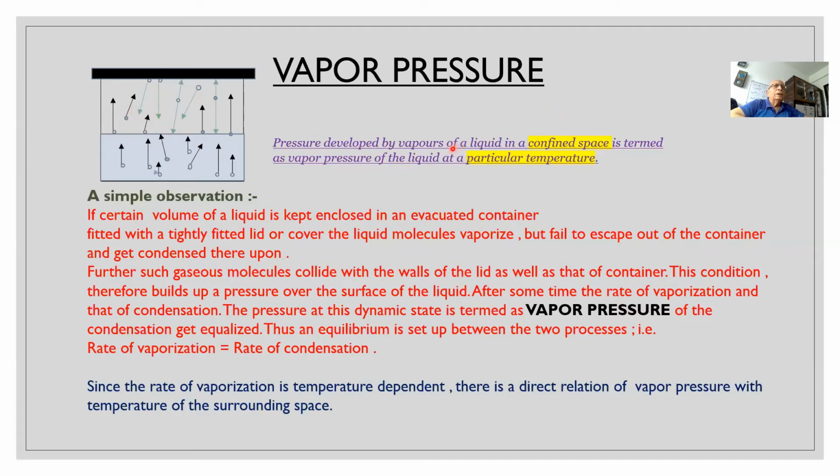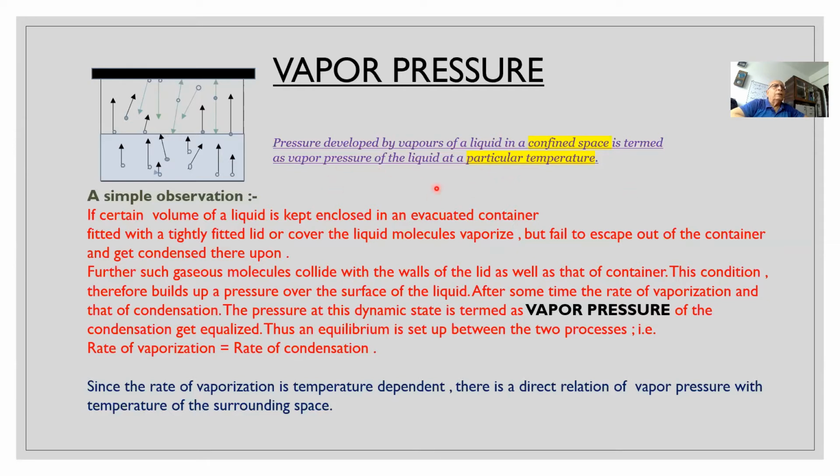So we can state vapor pressure as the pressure developed by vapors of the liquid in a confined space, most important, and is termed as vapor pressure at a particular temperature.